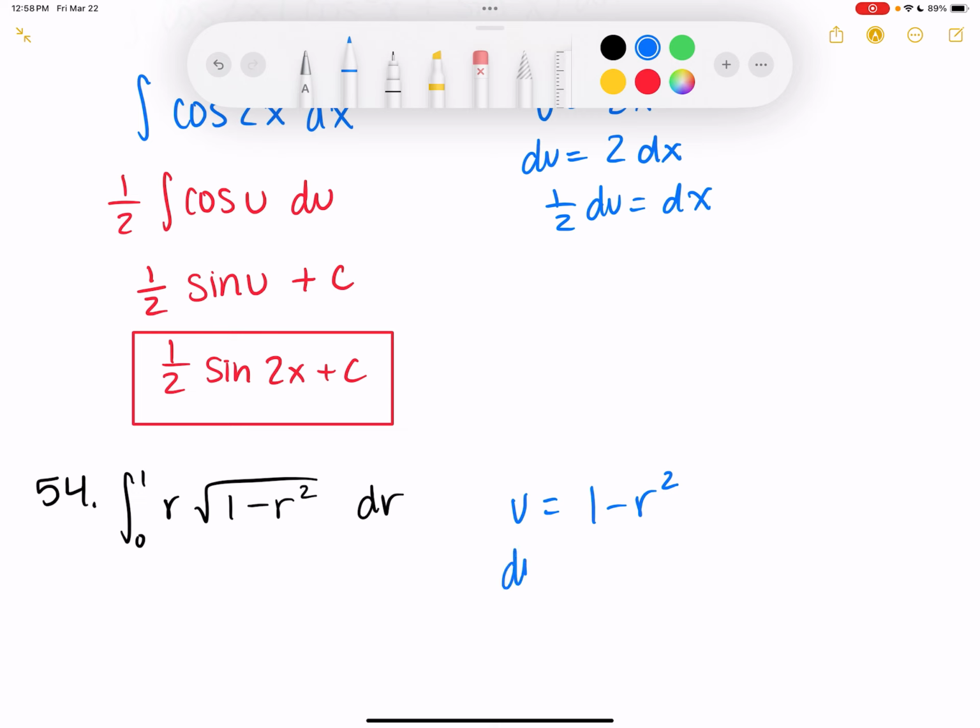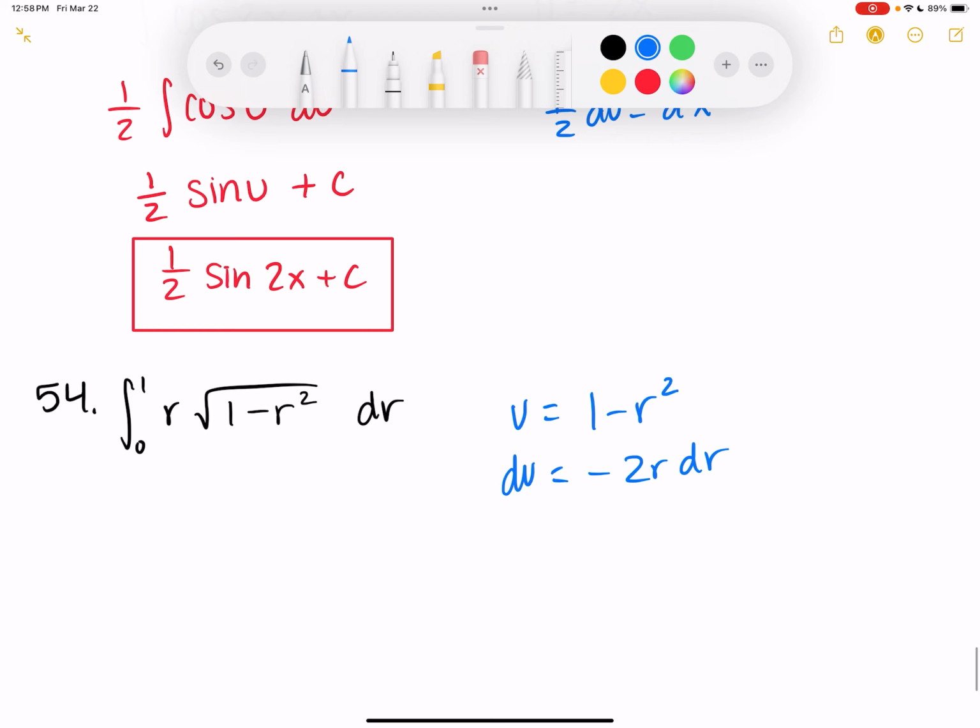Correct. So then the derivative of that is negative 2r dr. So then I have an r, but I don't have a negative 2, so negative 1/2 du equals r dr.